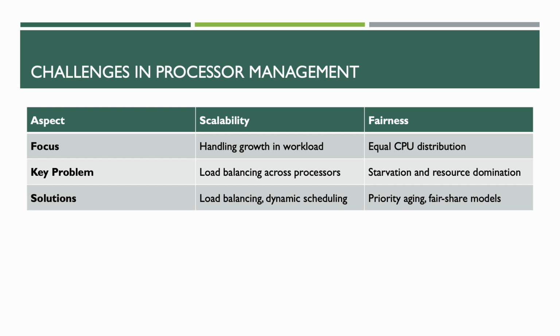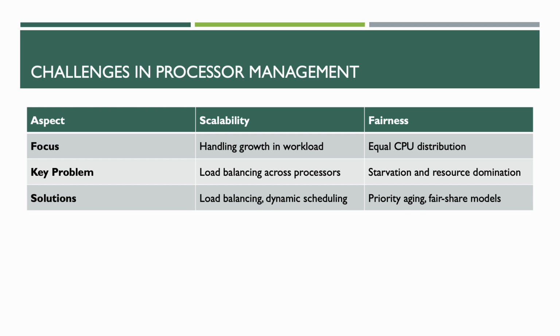The key problem is that load balancing across multiple processes becomes challenging. What is the solution for that? Dynamic scheduling and load balancing techniques ensure even CPU utilization and avoid bottlenecks.